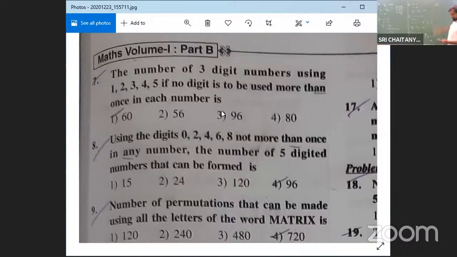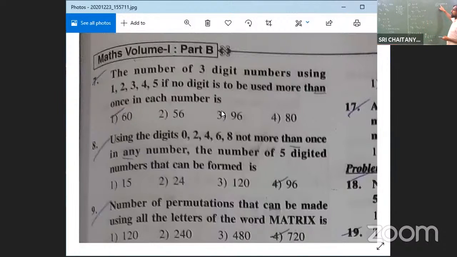And the 9th problem, observe: number of permutations that can be made using all the letters of the word MATRIX. First of all, after seeing the word, you should check whether any letter has been repeated or not.